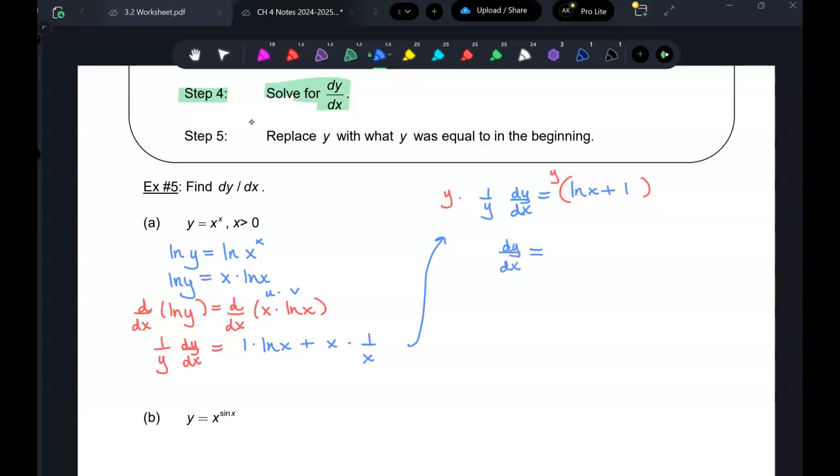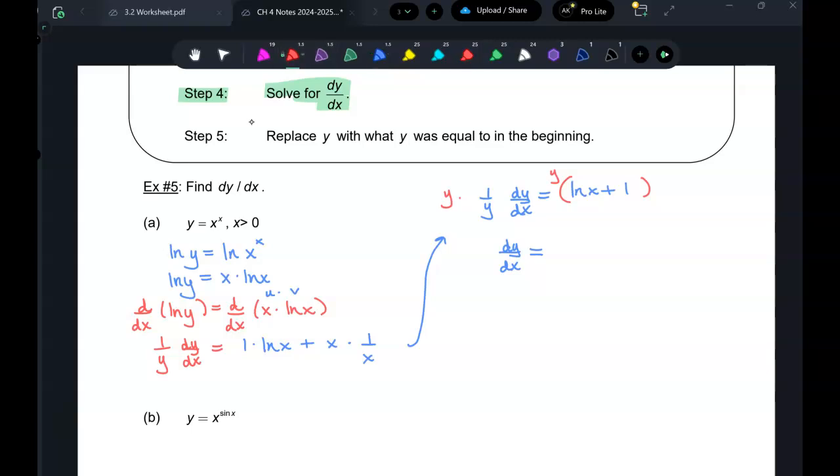Now, if you look at the way it was written to begin with, it was written in terms of x, meaning you only had variables with x on the right side. So the last step, I just want to replace y with what y was equal to in the beginning. So what was y originally equal to?